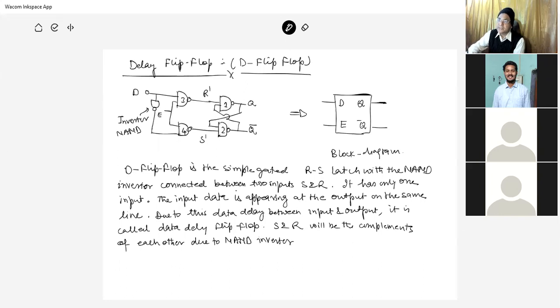Due to NAND inverter means this is complement to this. Both NAND 3 and 4 have complementary inputs.